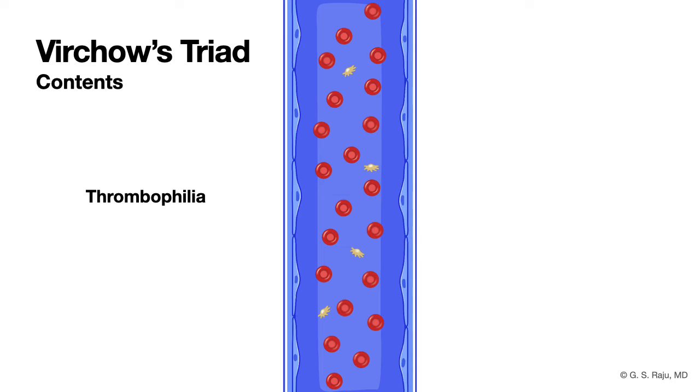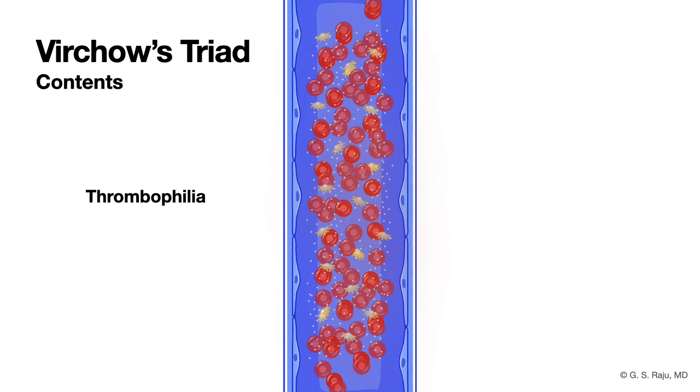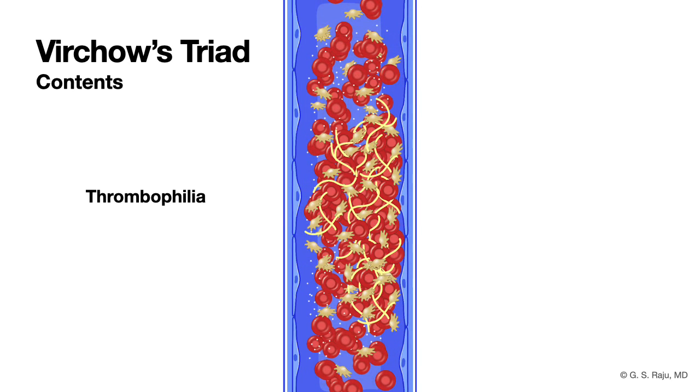The blood consists of red cells, white cells, platelets, and the plasma consists of various factors that are either procoagulants or anticoagulants. If there is increased procoagulant effect or decreased anticoagulant effect, again you can end up with thrombosis. If the cell content or the protein content increases, it will end up with thrombosis.